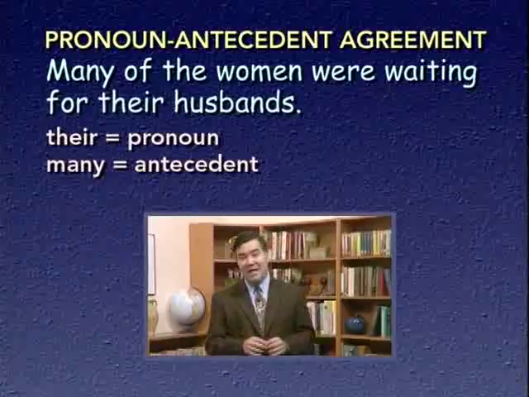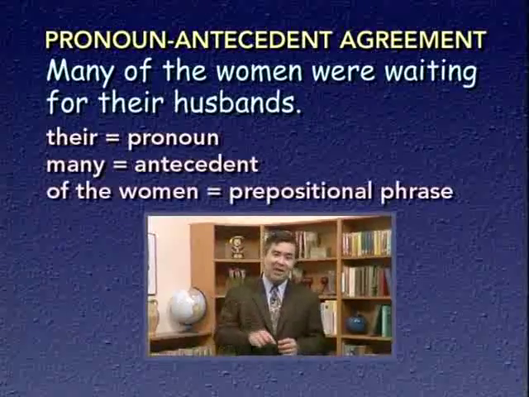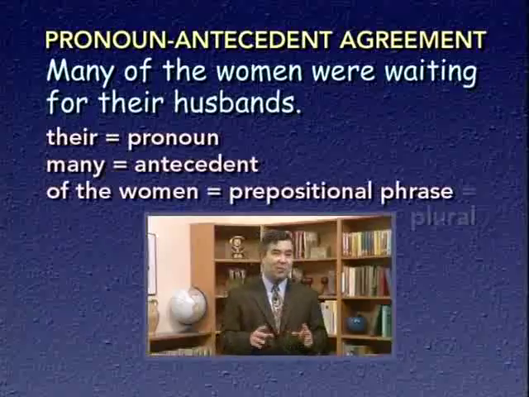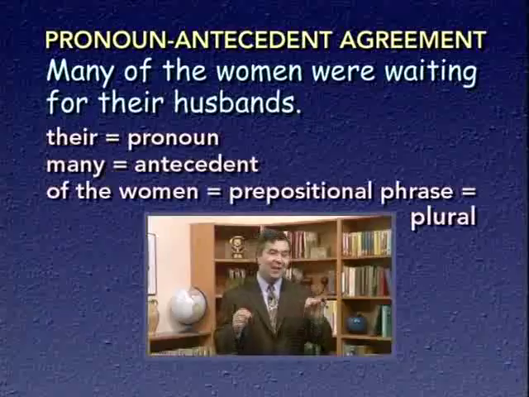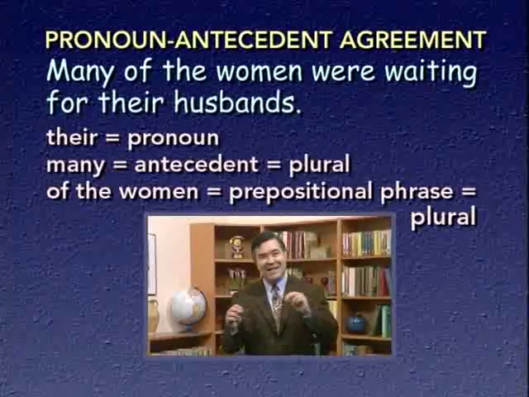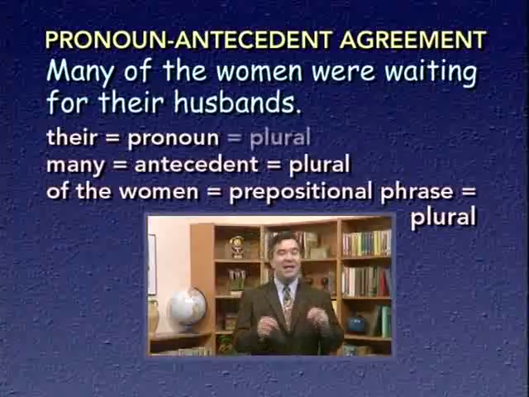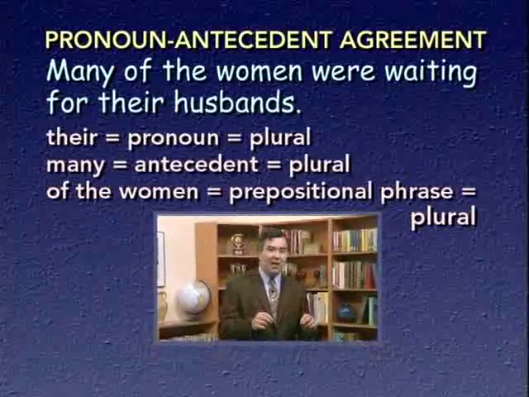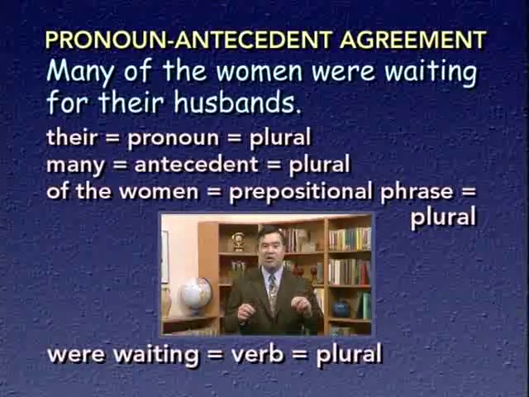In this case, many is followed by the prepositional phrase of the women. And the object of that prepositional phrase is plural, women. Therefore, the SANAM pronoun many is also plural, and there, the pronoun that refers back to many is also correct. Many is plural, the verb were waiting is plural, and their is also plural.